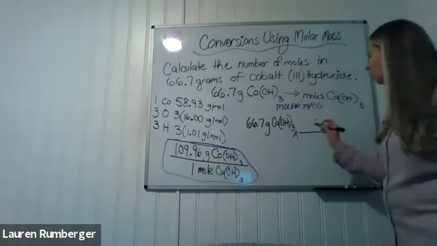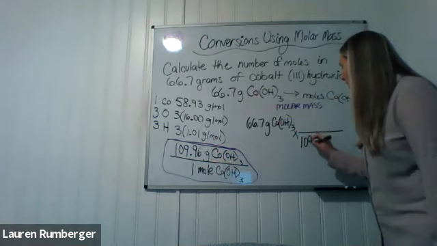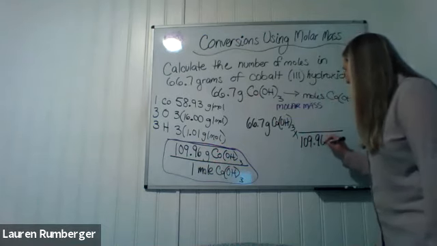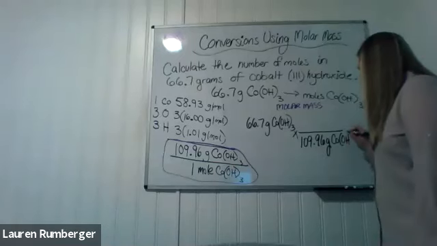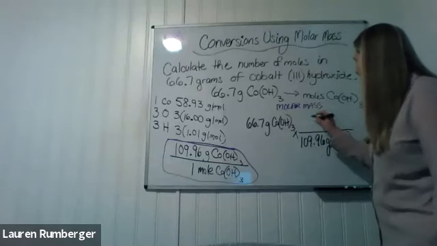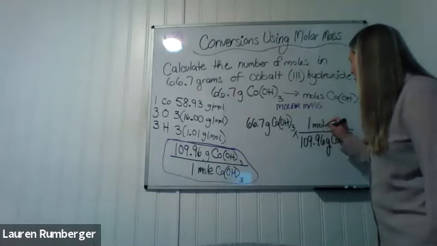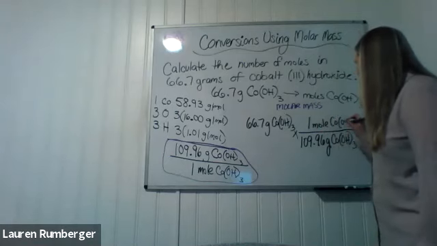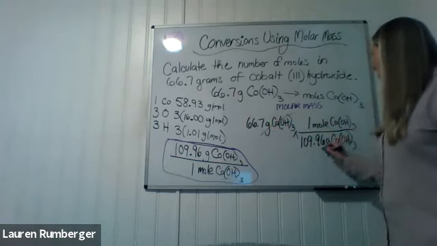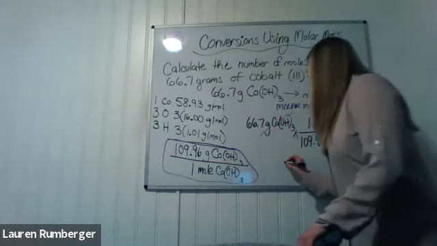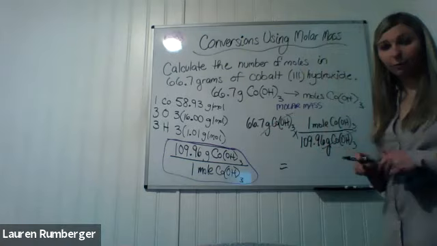So therefore, I will put 109.96 grams of cobalt-3 hydroxide on the bottom per 1 mole of cobalt-3 hydroxide on top. Cancel the units diagonally, and then you will be able to solve with your calculator.